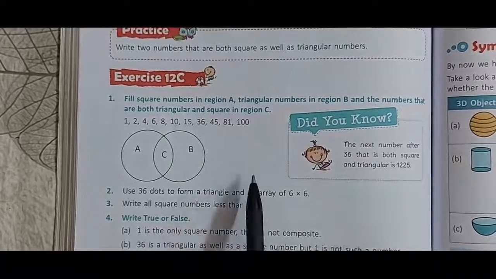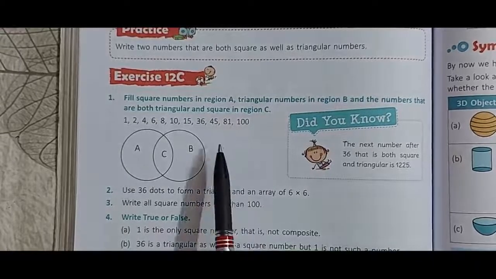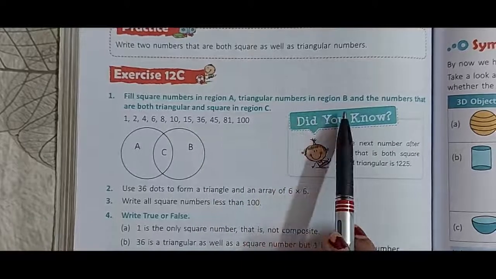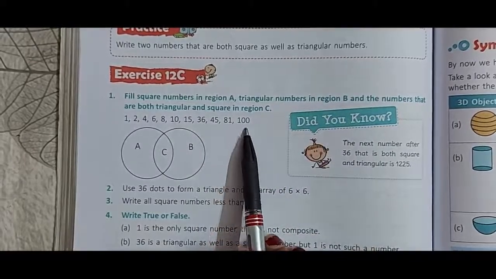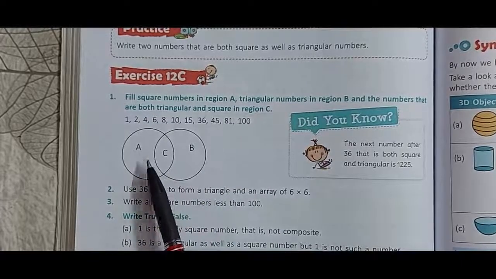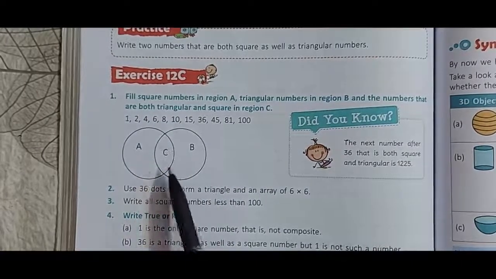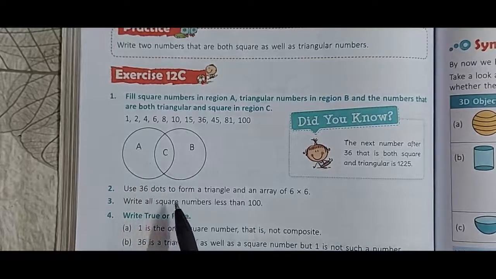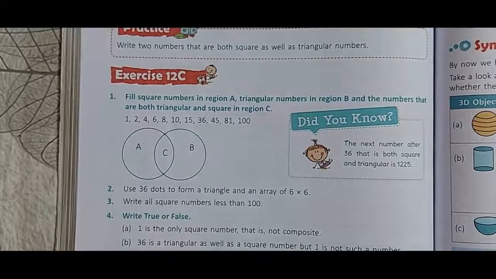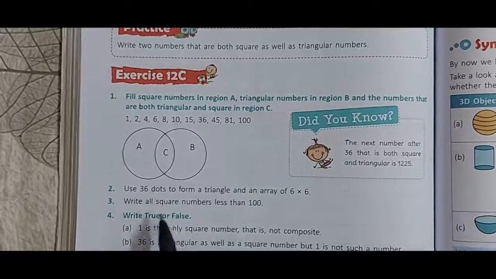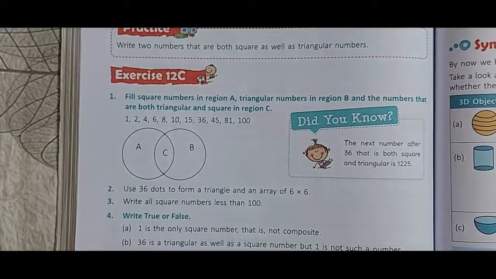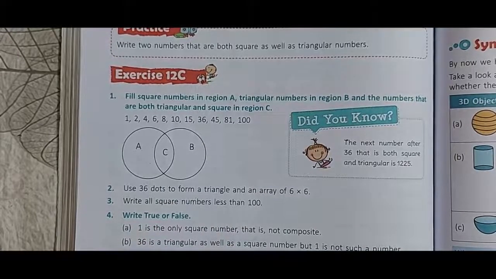From exercise 12C. Here you see, fill in the square numbers in region A, triangular numbers in region B, and the numbers that are both triangular and square in region C. Look here, the intersection of A and B is C. So we have here 1. 1 is lying both in square as well as triangle, we have already seen.